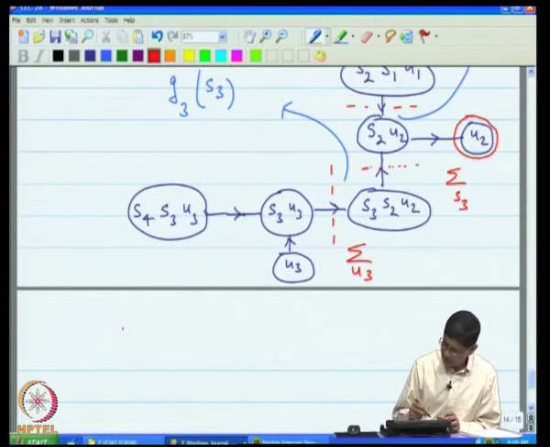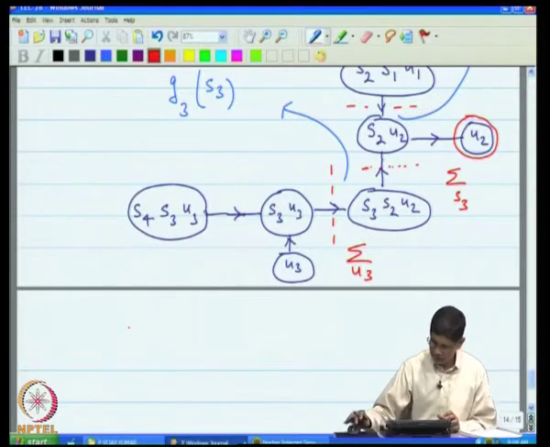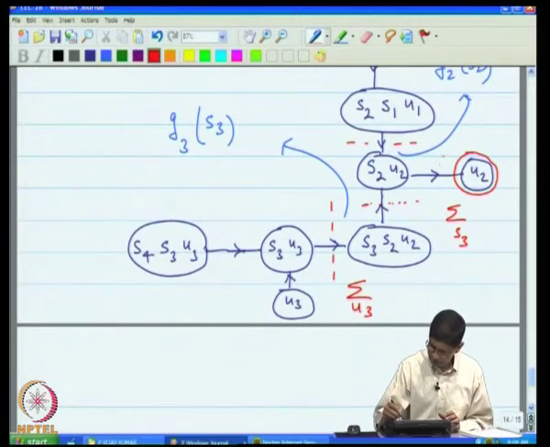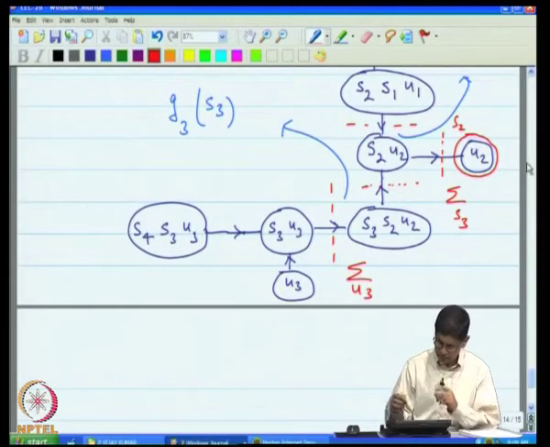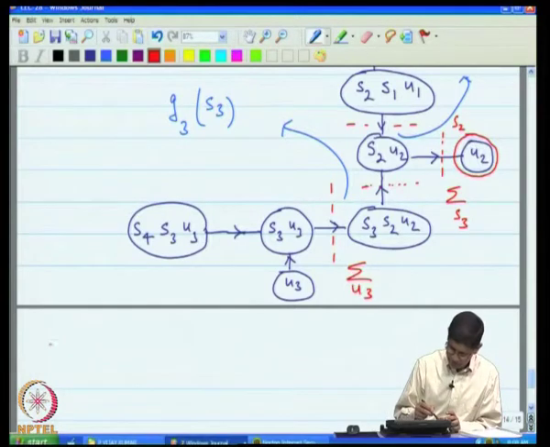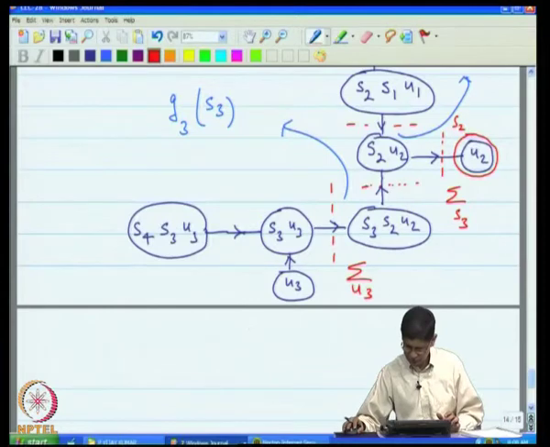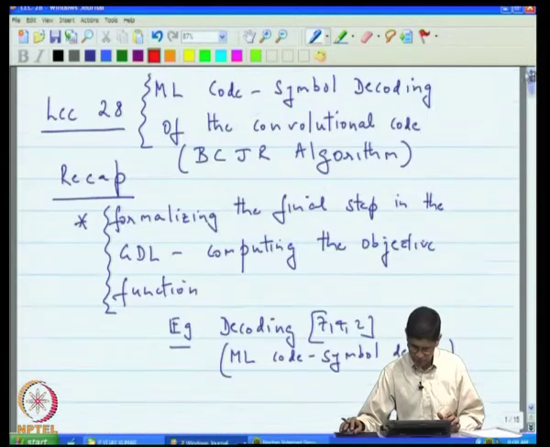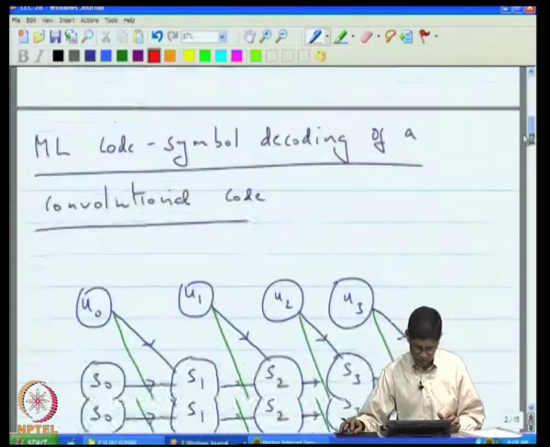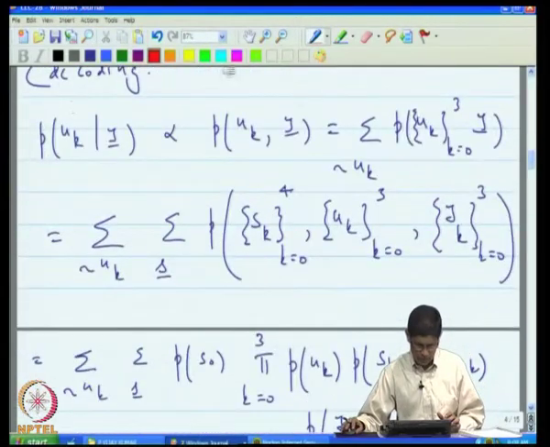There is one marginalization here, which is with respect to S2. All right. So, you have your final objective function, which we wrote out in the beginning. You are interested in computing here p of uk given y. So, this is your objective function.